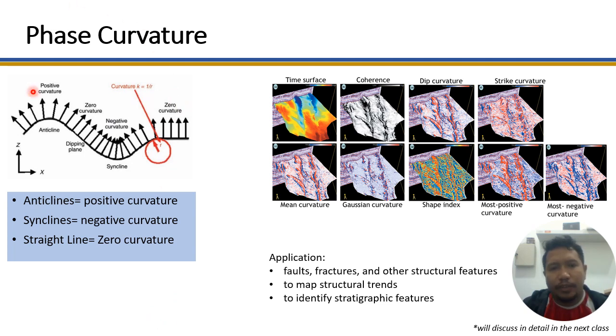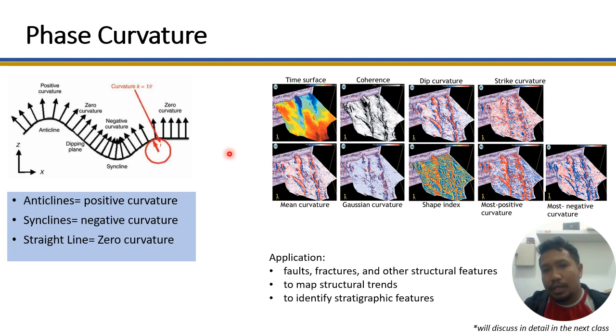Next, we have phase curvature. So curvature is a kind of seismic attribute that measures the rate of change of a seismic horizon. So it is a useful tool for identifying structural features such as faults. Okay, most of the time we look at anticlines or synclines, and faults, and also channel edges.